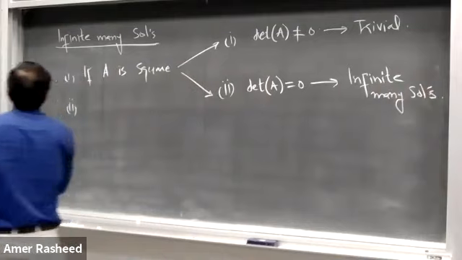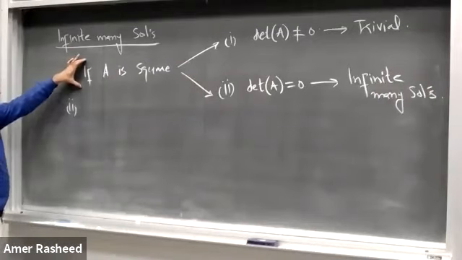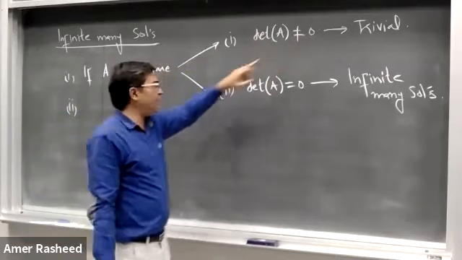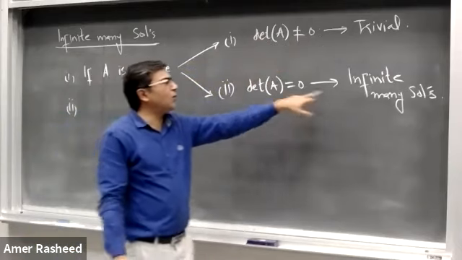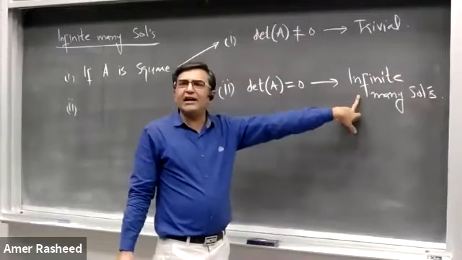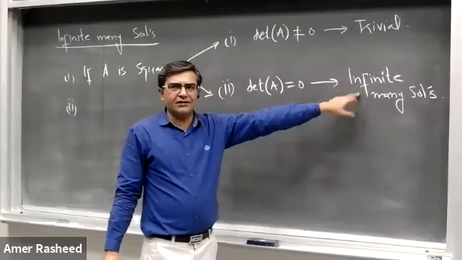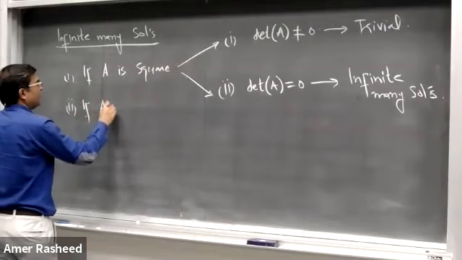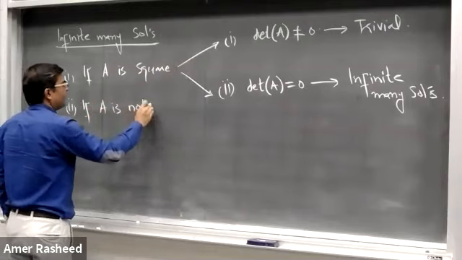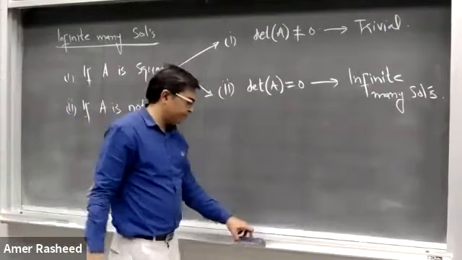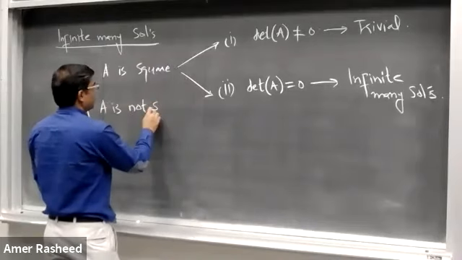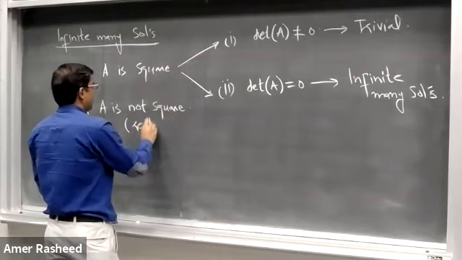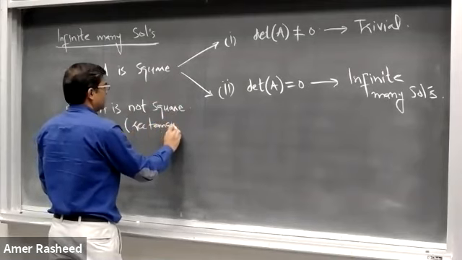So if A is a square matrix and the determinant is not 0, we go toward the trivial solution. If the determinant of A is 0, we will definitely get infinitely many solutions for that homogeneous linear system. Now, the second possibility is if A is not a square matrix, or you can say a rectangular matrix.